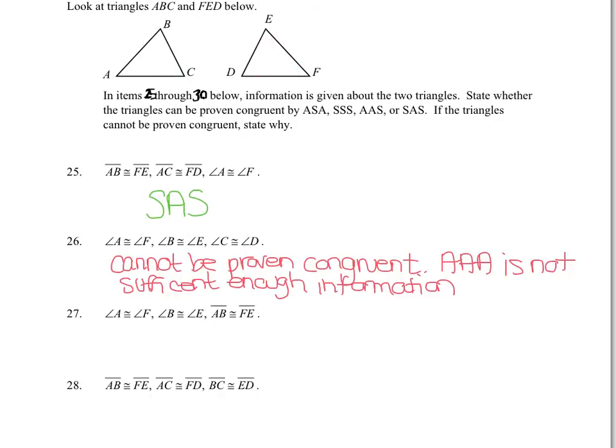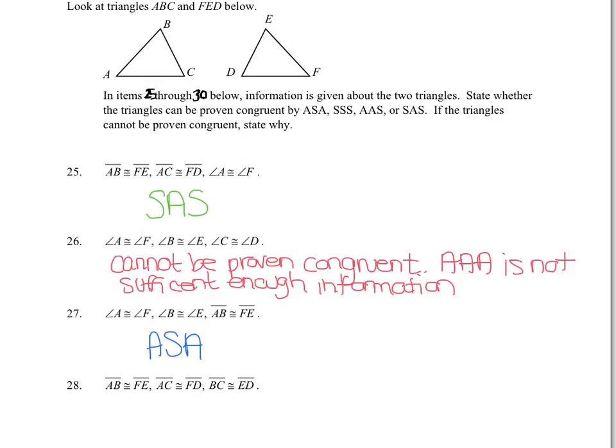All right, 27. Angle A is congruent to angle F, angle B is congruent to angle E, and AB is congruent to FE. So in this case we have angle-side-angle, which is enough criteria to prove triangle congruency.